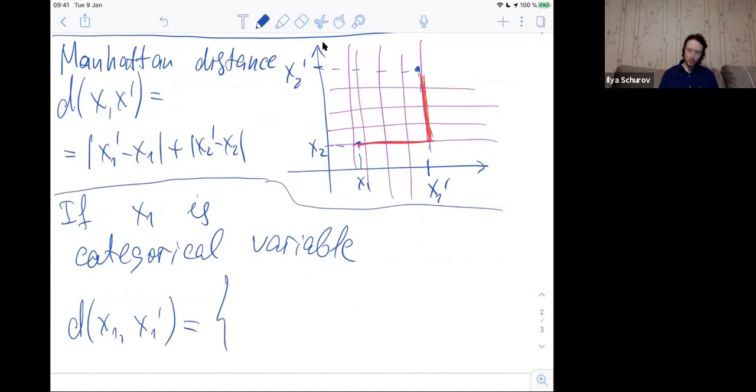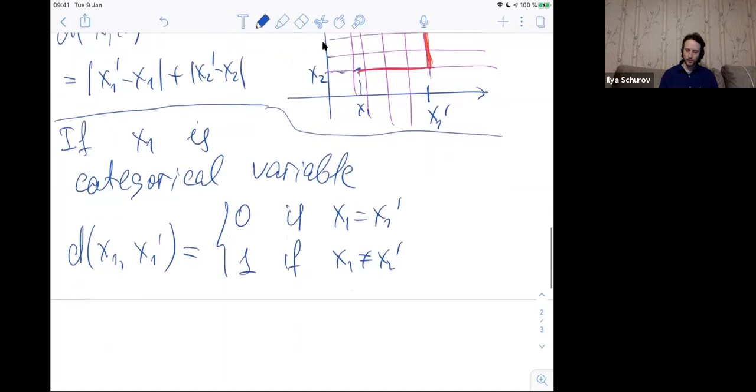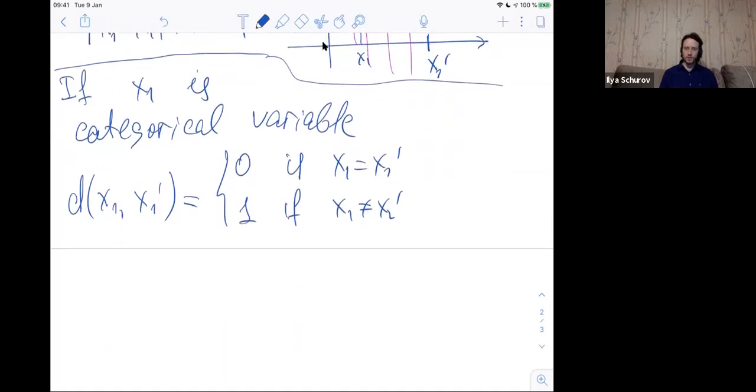You say that if two observations have the same value of this categorical variable, then the distance is 0, and 1 if they have different categorical values. So it is also a way to define distance, though not very informative.